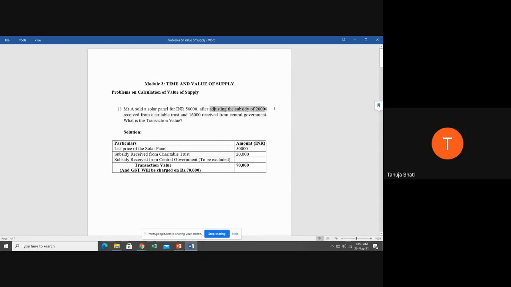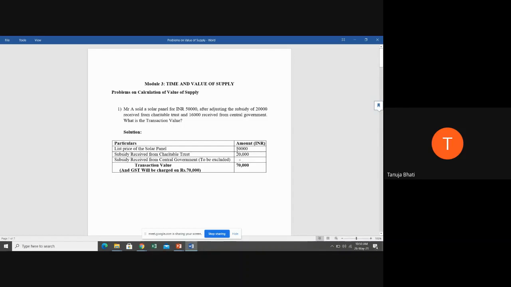The subsidy of 20,000 is received from a charitable trust. A charitable trust is not a government, therefore the subsidy has to be added. When I say included in the transaction value, it means you have to add. The subsidy received from the central government is not included, so you have not considered it.